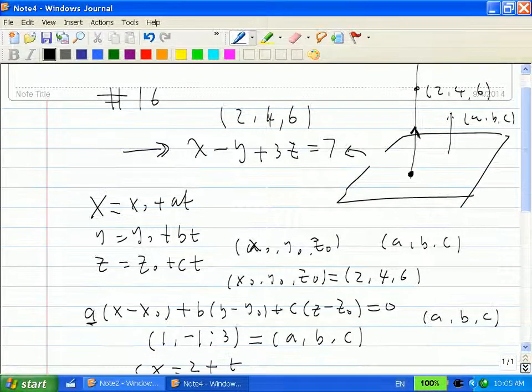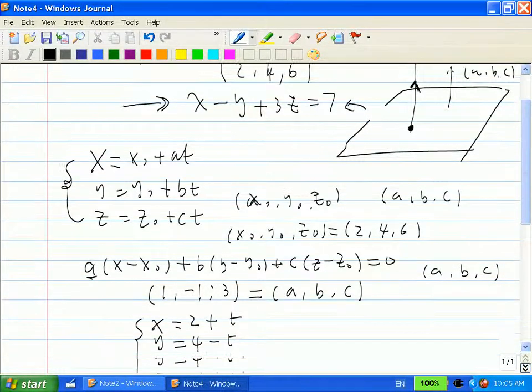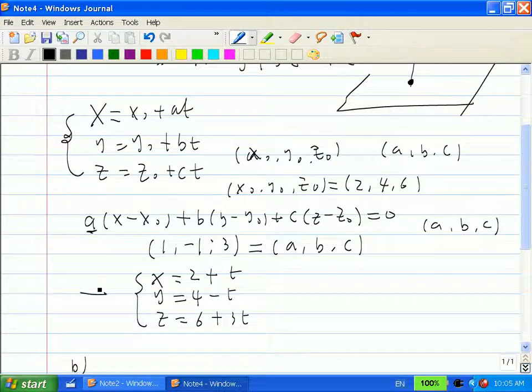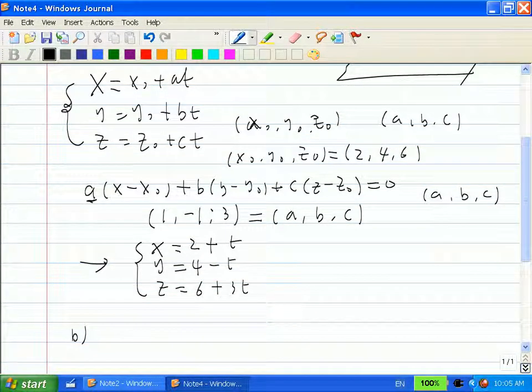Anything calculated this way for a given t will be on the line. So what we need to do is substitute x, y, z from the line into the equation of the plane, which is x minus y plus 3z equals 7.